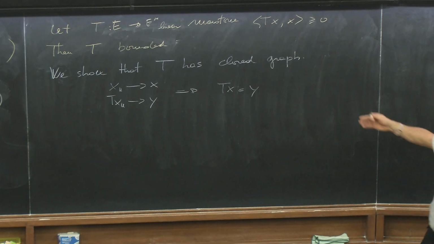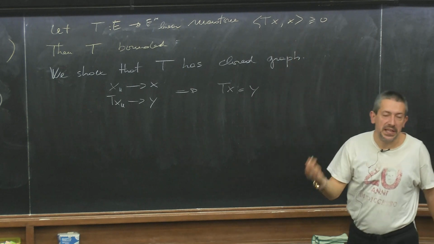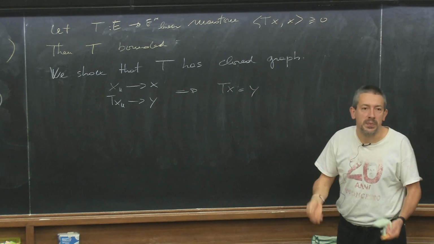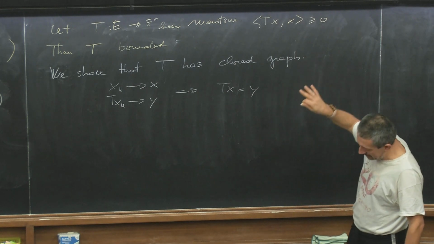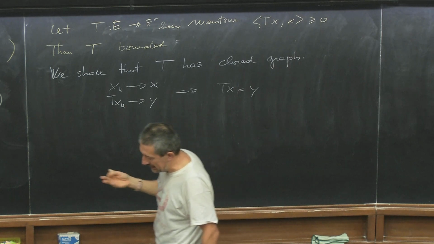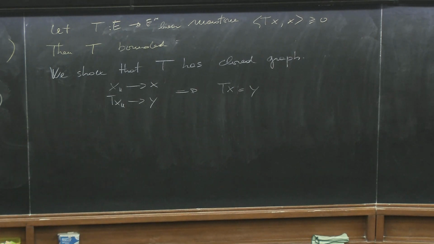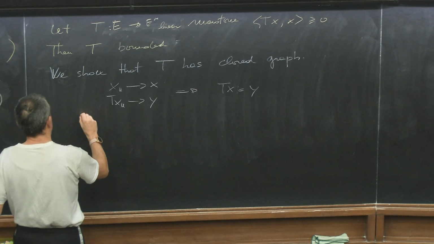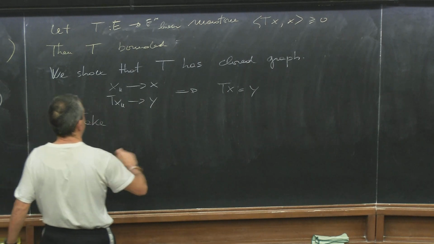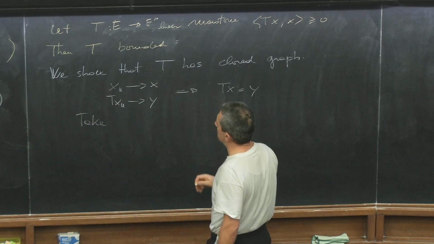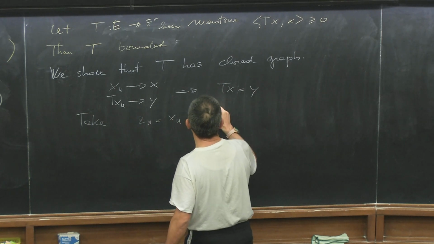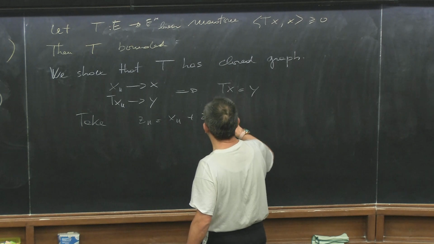We need an inequality, but we have linearity. The idea is always to take small perturbations: when you have linearity, you change the sign of the perturbation and you get an equality, and the equality will tell you this. So take, for example, since x_n converges to x, z_n equal to x_n plus 2 to the minus n, let's say, w.